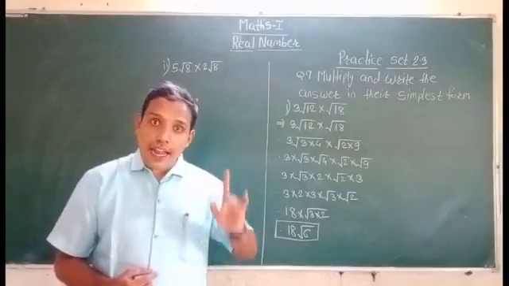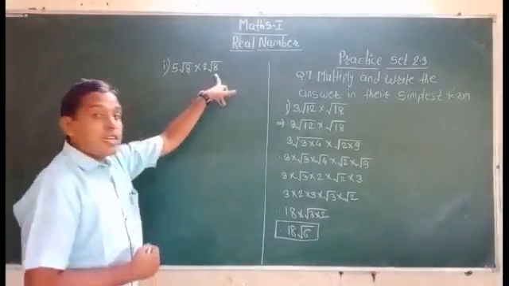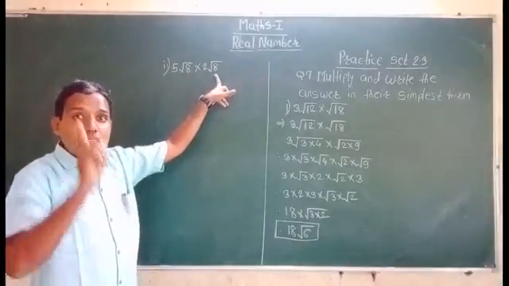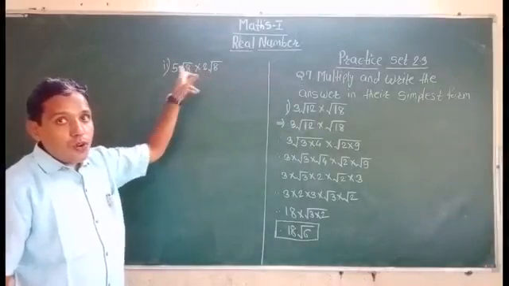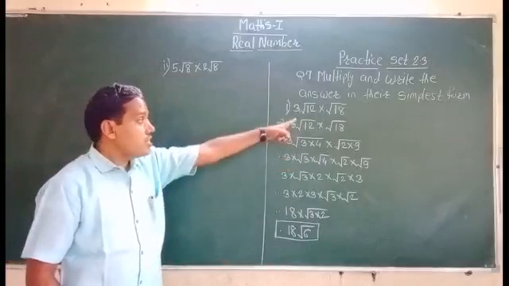You directly multiply them. In that example, surd 8 and surd 8 both are like surds, and therefore you never simplify them into their simplest form.